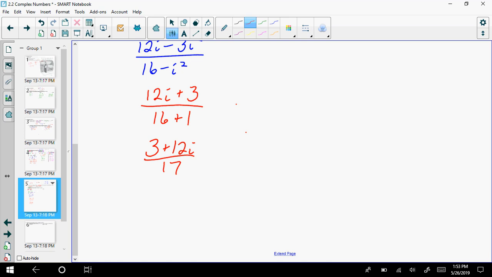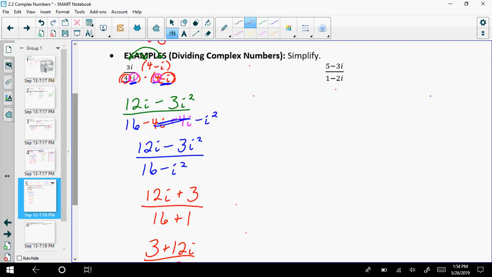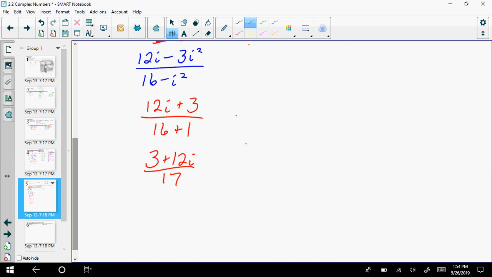Notice the i's have completely disappeared from the denominator. That's how you know you're doing it right. That is the whole purpose of the conjugate, why we have to use the opposite sign. Otherwise, if we don't use the opposite sign, my outer and inner will not cancel out. Picky detail.